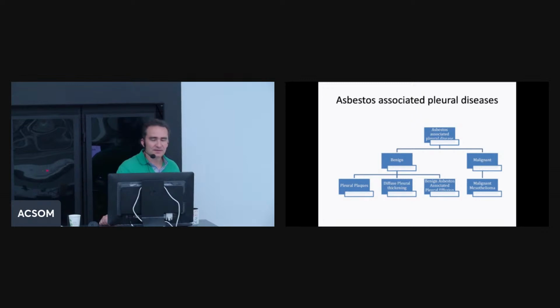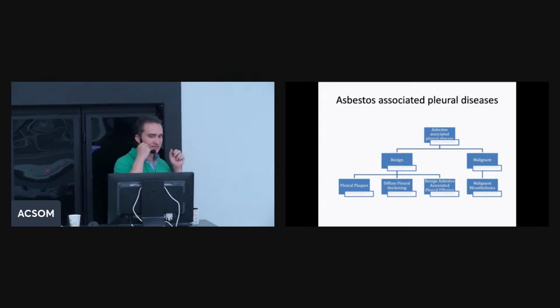Remember, all of this is benign, so it usually doesn't require much action from you. Also, you may see benign asbestos pleural effusion, the short term is BAPE. If the effusion is a little bit bigger, patients may have shortness of breath, may have pleuritic chest pain.